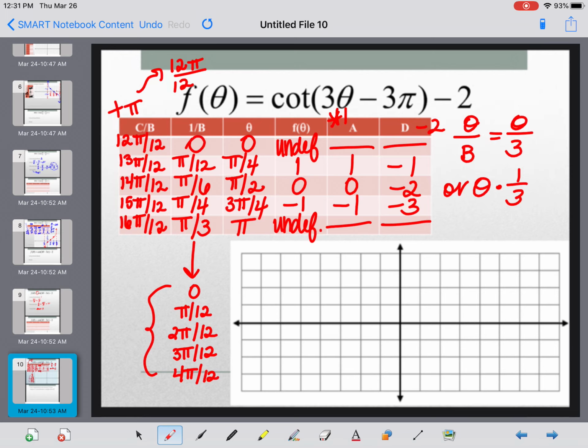So I was just taking all of these common denominator values from down here and adding 12 pi over 12. We want to have a consistent scale so that when we graph, I could do a little break here and start at 12 pi over 12.